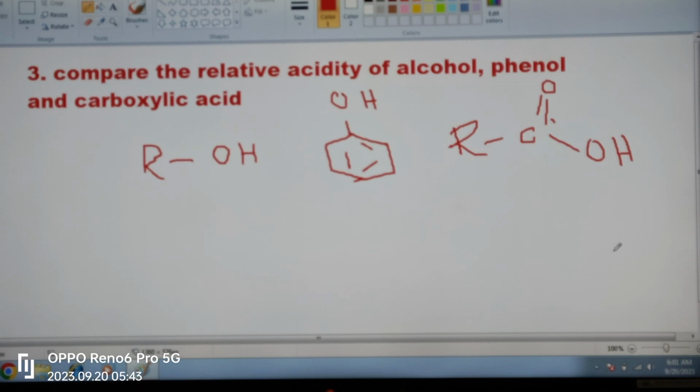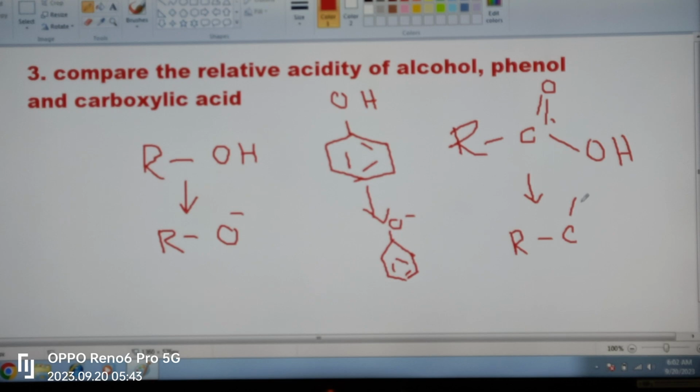So very simple. We have to consider the stability of the corresponding conjugate base. The higher the stability of the conjugate base, the higher is the acidity. So the conjugate base from alcohol will be RO minus, the conjugate base from phenol will be phenoxide ion, and the conjugate base from carboxylic acid will be carboxylate anion.